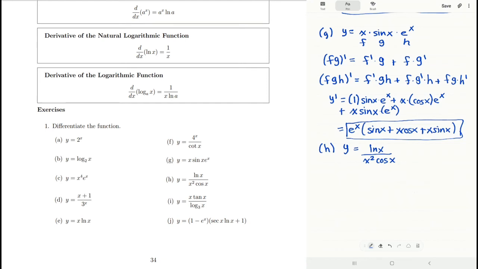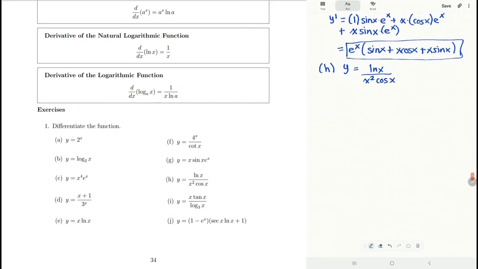And then while we're applying the quotient rule, there's going to be the product rule. So when we differentiate the denominator, we will also need to use the product rule. So let's call the natural log of x as our f, and x squared times cosine of x as our g for using the quotient rule.